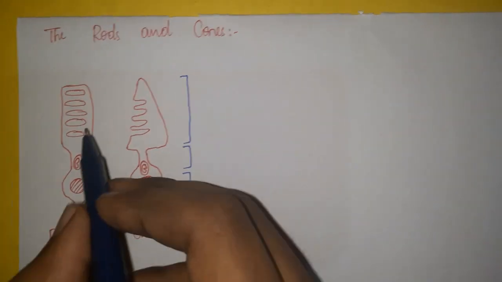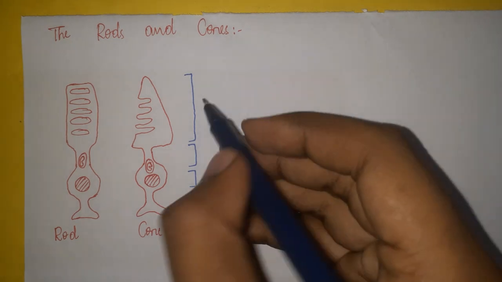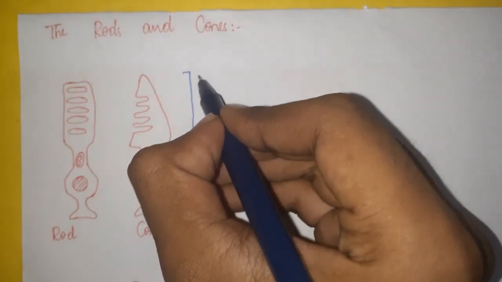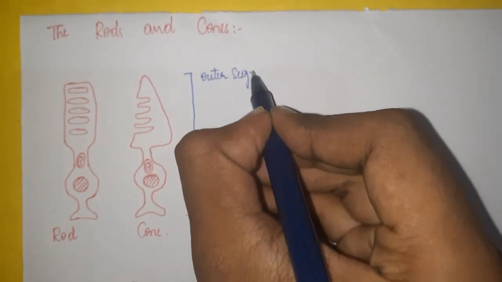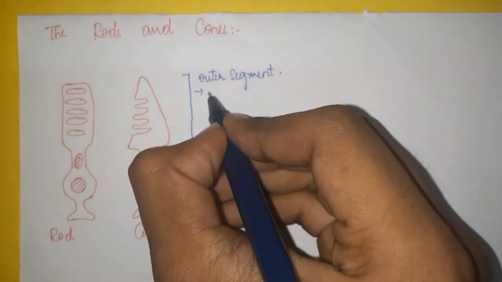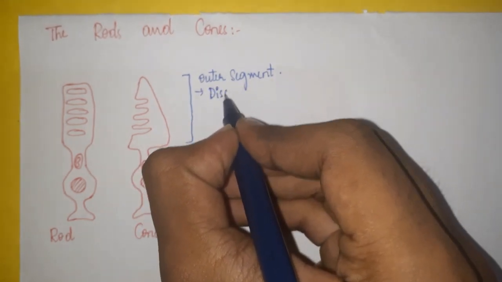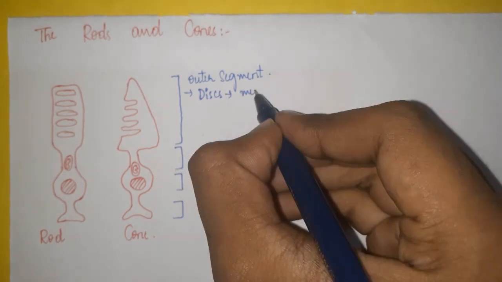See here, these are the discs. These are nothing but membrane infoldings. This is the outer segment, which contains discs, membrane foldings.